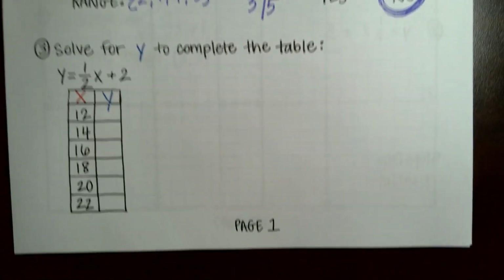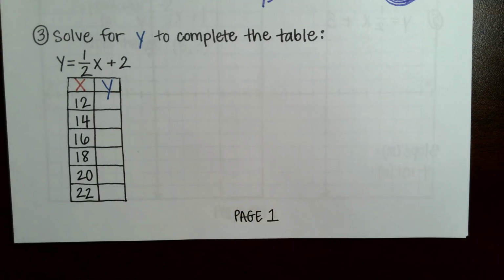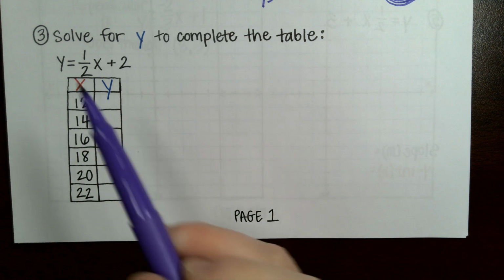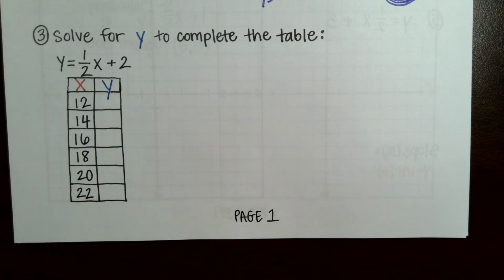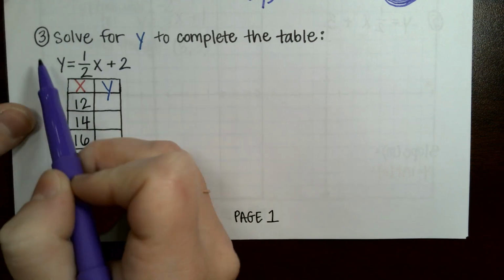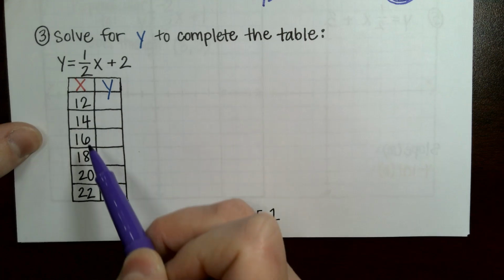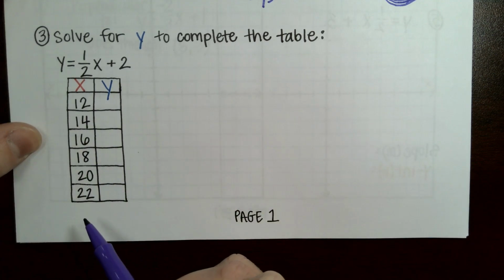Okay, let's look at 3. Number 3 is something that we haven't explicitly done. I haven't ever given you a table and said solve for all the y values. However, we have done this process before. So I want you to solve for y, there's my y, to complete the table. I have given you 6 different values for x.